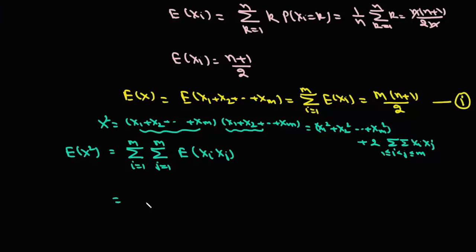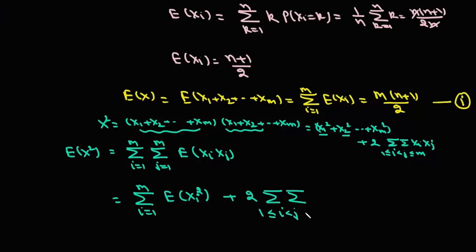So we can write this as the summation i varies from 1 to m of the expectation of xi square, plus 2 times this double summation, i less than j less than or equal to m, of the expectation of xi into xj.